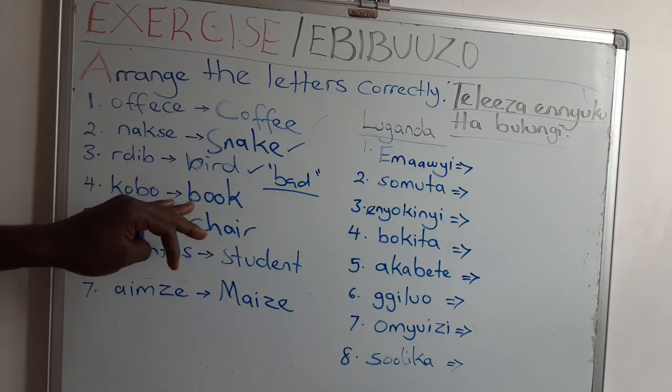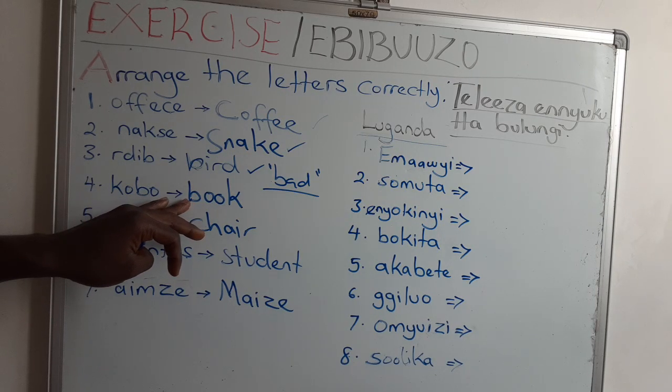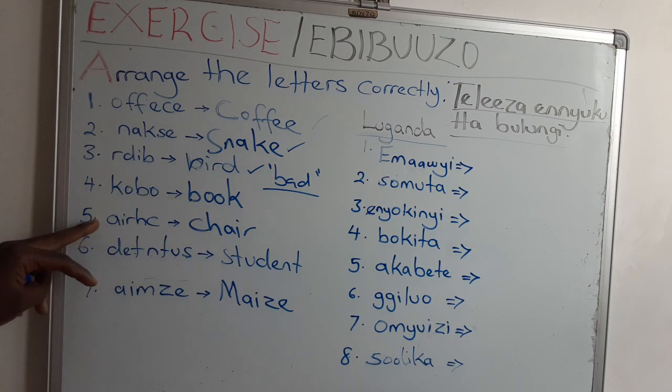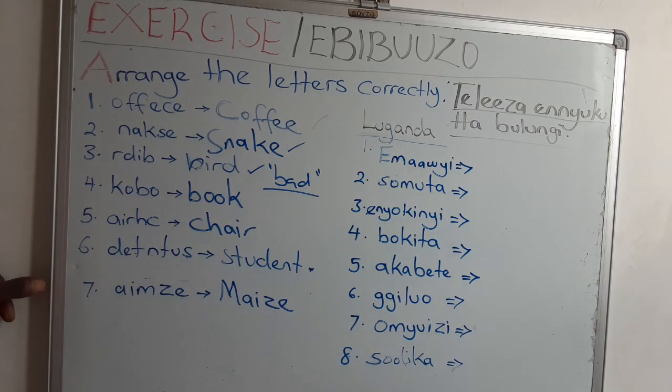And number 4 was book. Book. Chair. Number 5, student. This was the tricky number. Student. Number 7 was maize. Good. Maize. Okay. Hope you passed. Those you can send in your answers and have a look at what you've passed and what you failed, or you can mark yourself.